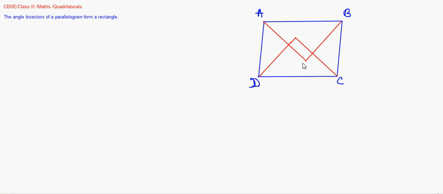We have to prove this one within to be a rectangle. To do so, let me name them. P, this is Q, this is R, and this to be S. We have to prove PQRS to be a rectangle. So let's write what is given to us. Given is ABCD is a parallelogram.